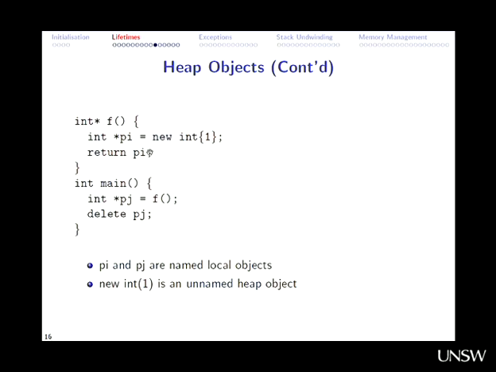The new int isn't returned; the pointer is the thing that's returned. But remember, the pointer is pointing to this heap object. So I can say pi is equal to f, and now I can delete pj, and it works, because the pointers are the local objects, and they're pointing to the same piece of memory. And the new int is the unnamed heap object.